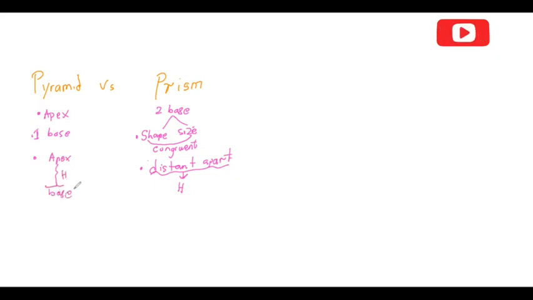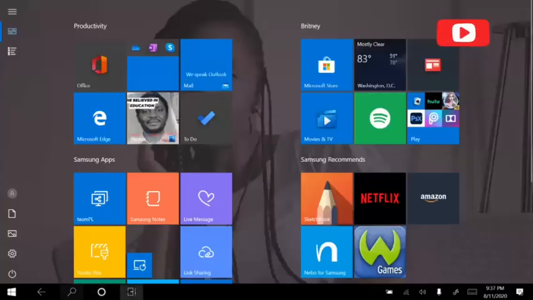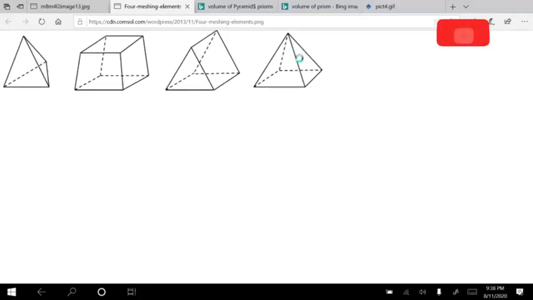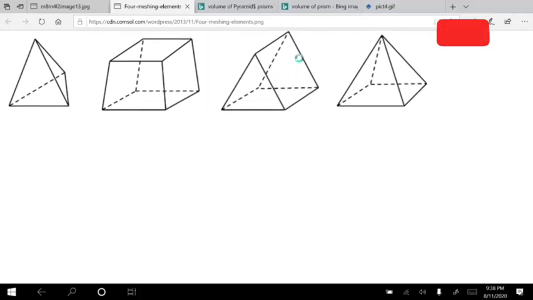So let's get some more examples so we can tell the difference. Okay, let's remind ourselves.